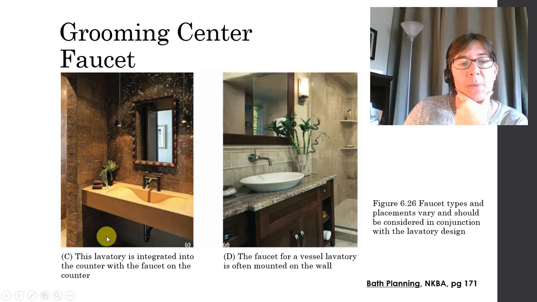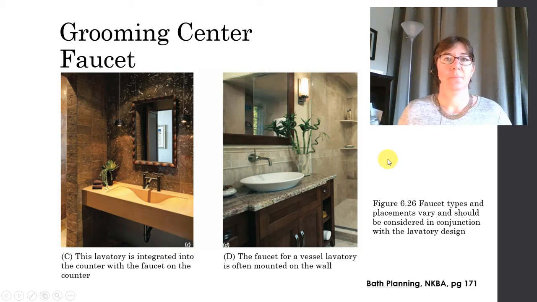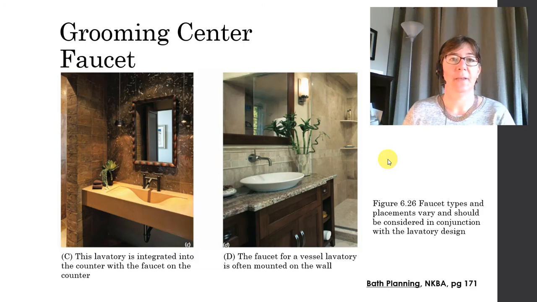In this next picture, we have an integrated lav. The lav is integrated into the counter, and the faucet is mounted on that counter. And in this one here, we've got a vessel lav, and the faucet is mounted on the wall behind it. There's a lot of different choices here.